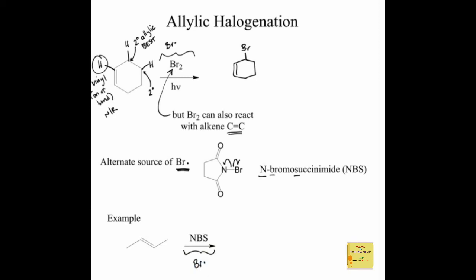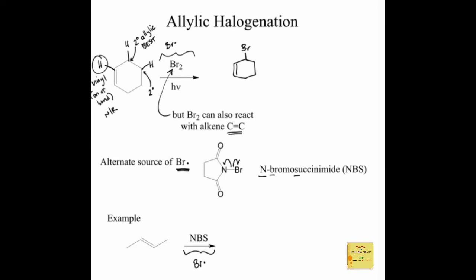In fact, NBS typically, again, with light or heat or some way to initiate a radical reaction is really what you would see. So let's see if we can predict the product here. If we took this alkene and reacted with Br dot, now we would expect to do a free radical halogenation and not any other disruptive reaction where we add to the alkene.